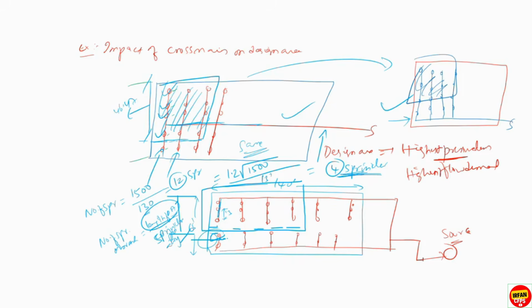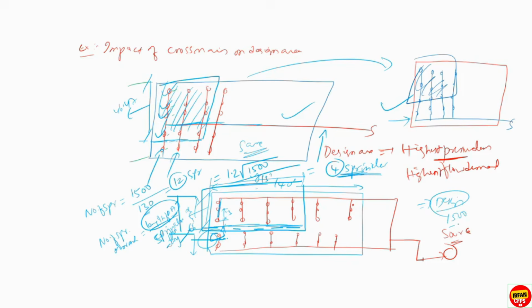Only you need to consider these 3 sprinklers, because, as I told you, this will cover half, this will cover half. So your design area length will be till here only. So the revised design area length will be X. The revised design area width will be Y. Okay, so X into Y, whatever you got, that should be the design area.